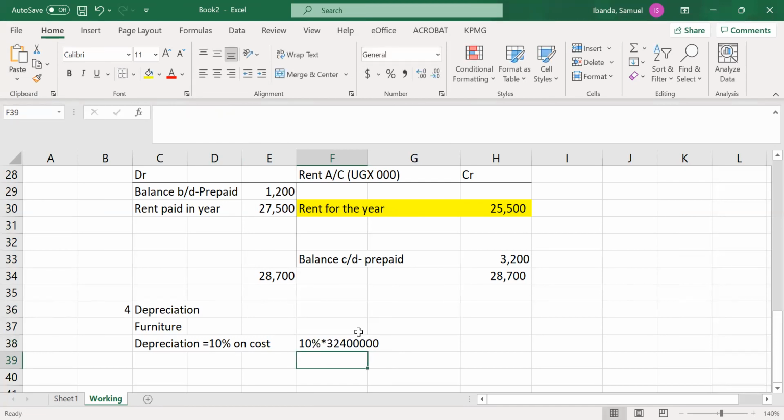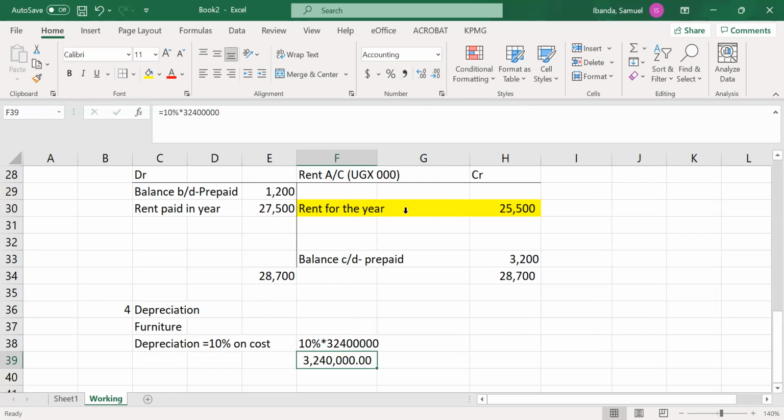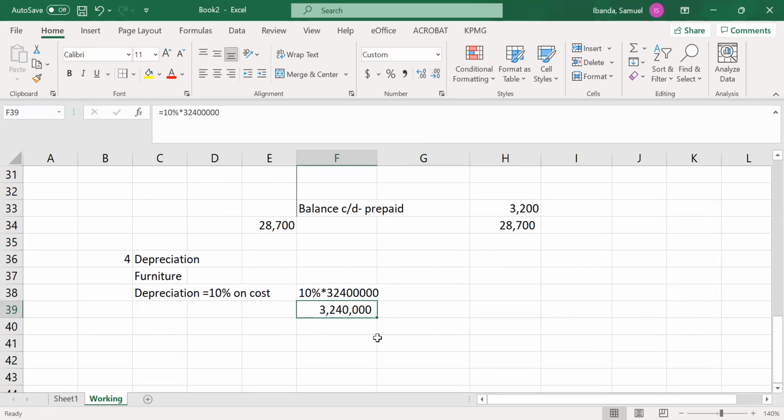As I do my calculator here, it gives me 3.24. So 3.24 is my depreciation for the year.